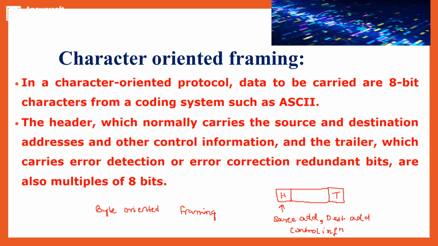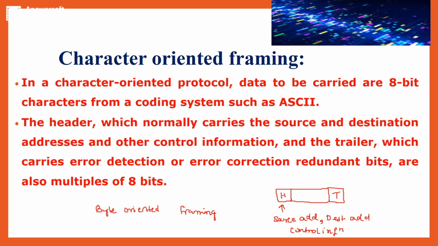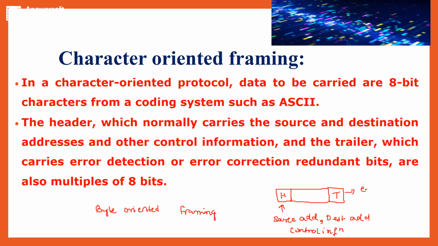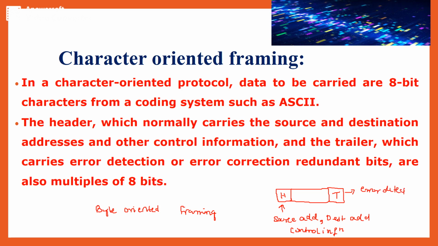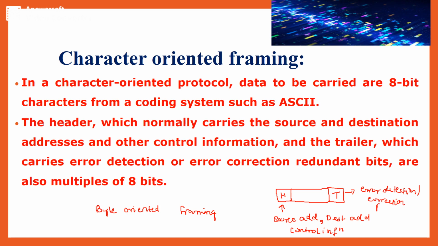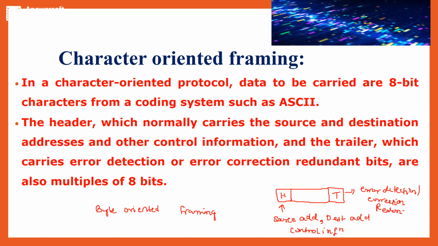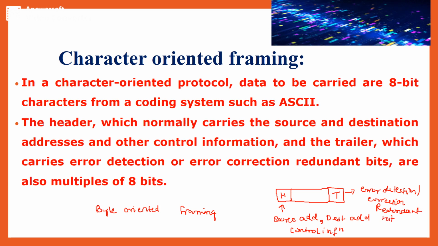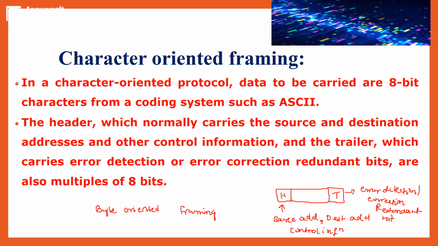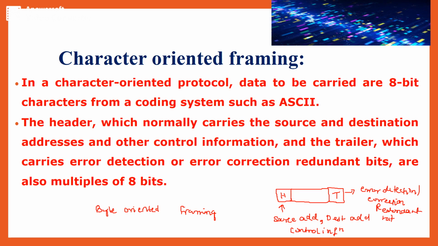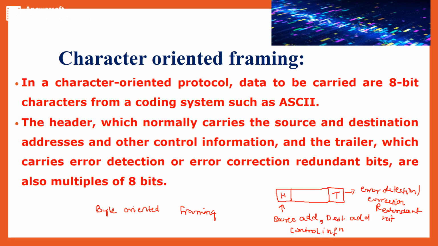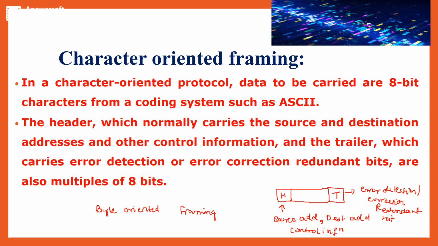Similarly, the trailer information carries error detection or error correction redundant bits. So in the case of character oriented framing, each data may be of 8-bit character from a coding system and carries the header information as well as the trailer information.